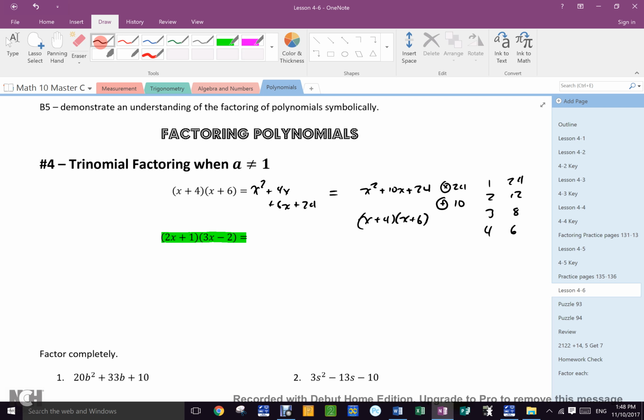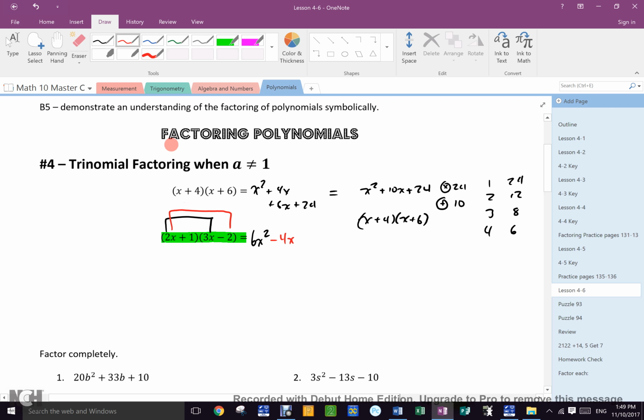Are those factors? Yeah, because they're two things multiplying together, right? So what do we do when we already have factors? We expand, don't we? Okay, so what is the first one? 6x squared. What is the second one? Minus 4x.